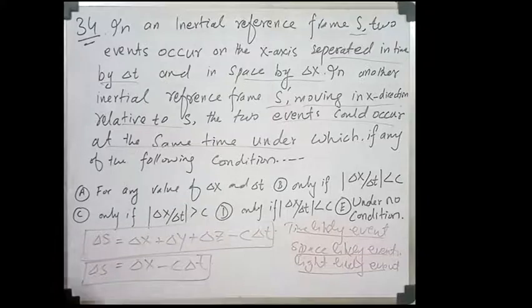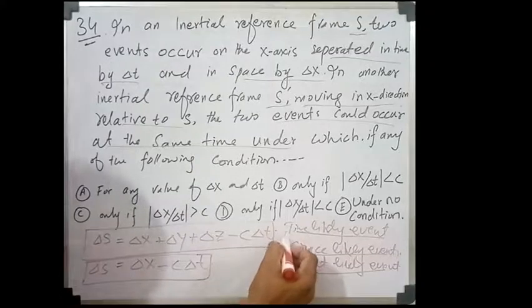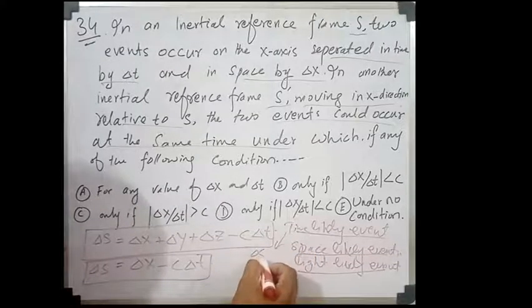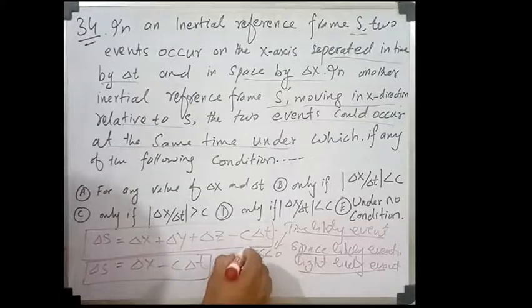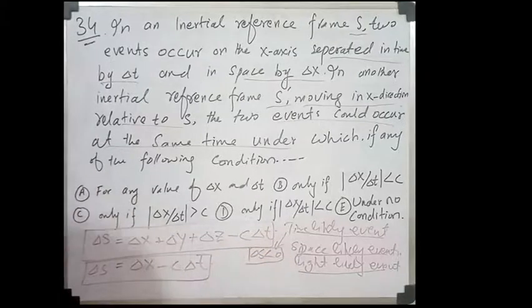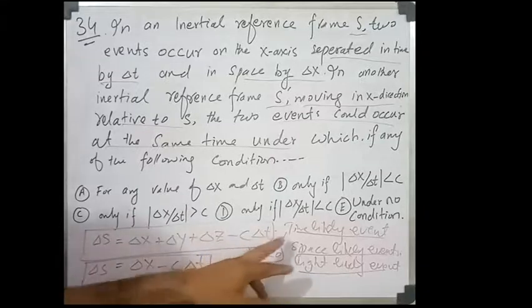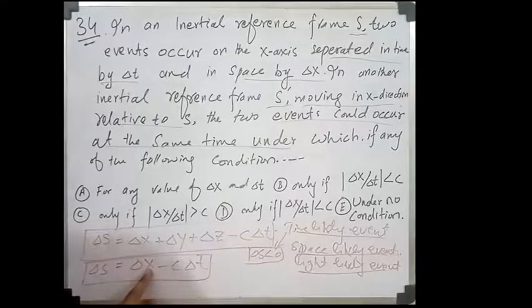When delta S is less than 0, for this condition, the very first condition, delta S is always less than 0 for time-like events. In this, there is separation in time, but the space is the same, means there is no separation in space. Delta x is 0 and there is only time separation, so delta S will give a negative value, so this value will always be less than 0.